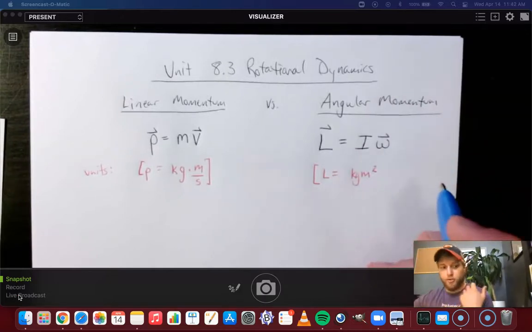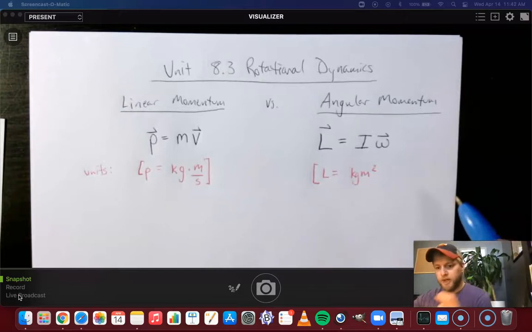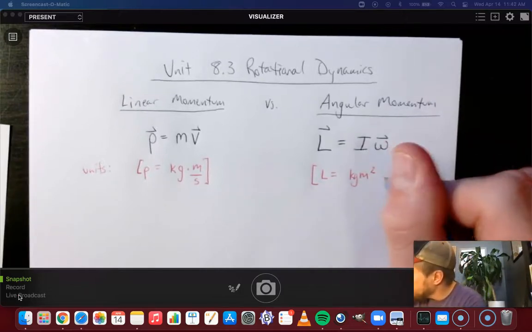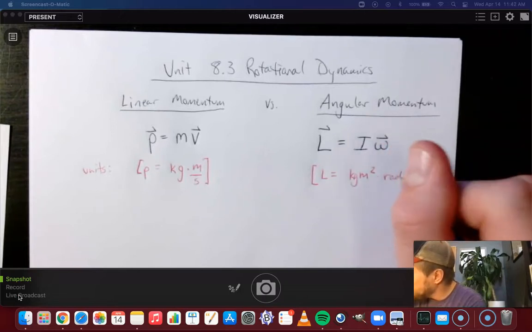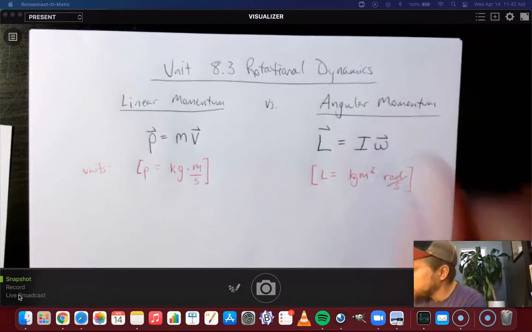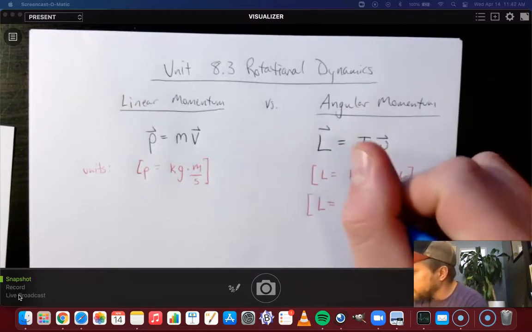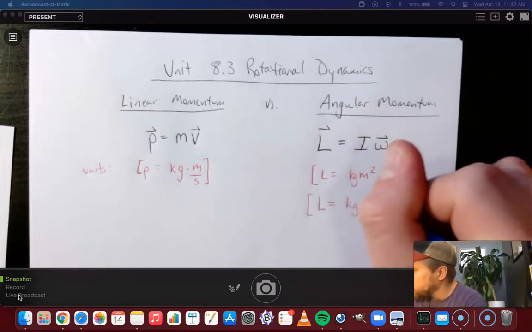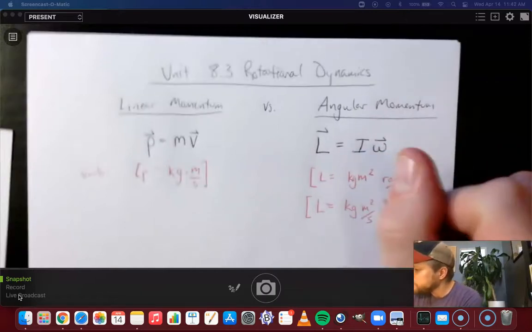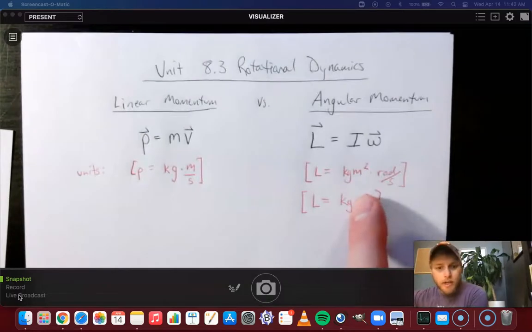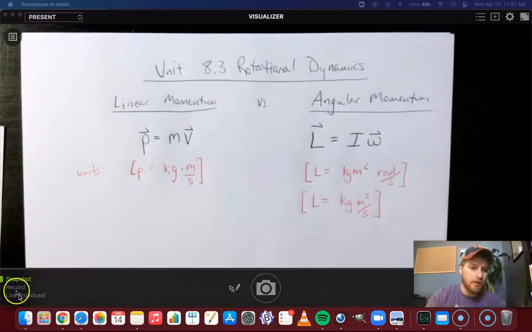Now, we've talked about this before, but radians aren't a real unit. They're sort of a placeholder. So we can kind of ignore the radians. In reality, it just ends up being kilograms meters squared per second. So very similar, except we've got an extra meter in the angular momentum.